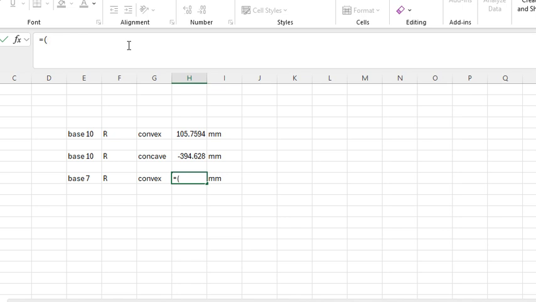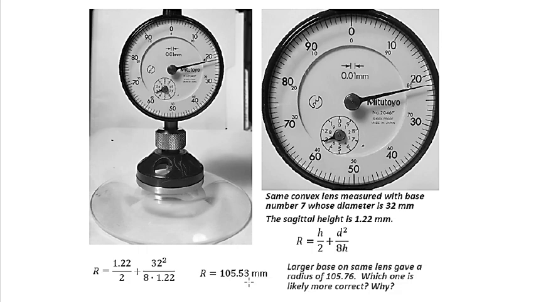So 1.22 divided by 2, plus 32 squared, divided by 8 times 1.22. So we get 105.528, and that is correct, because this is rounded, so 105.53 millimeters.